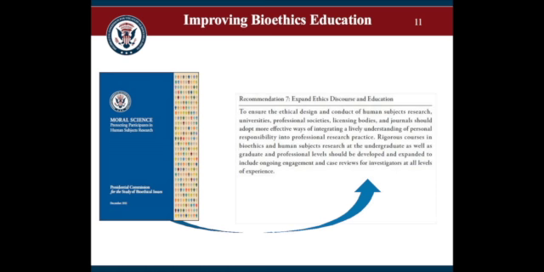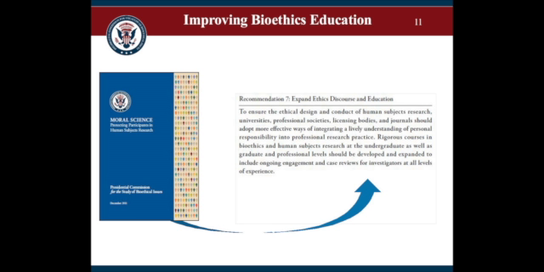Then in Moral Science, this report, the Commission made a recommendation on how bioethics training should happen.